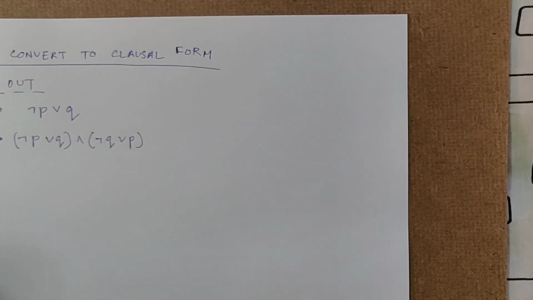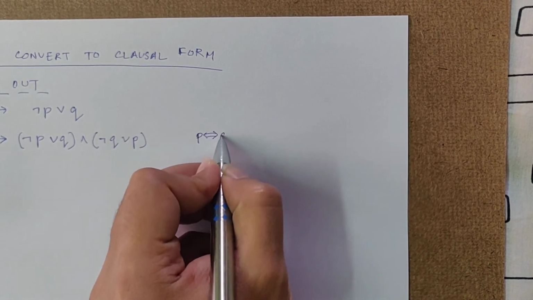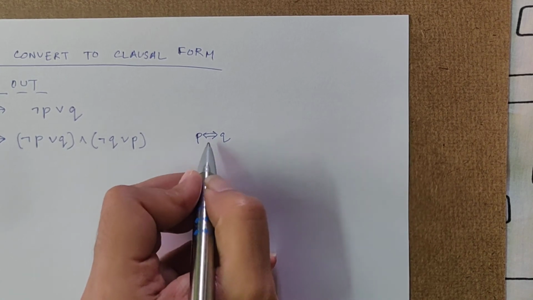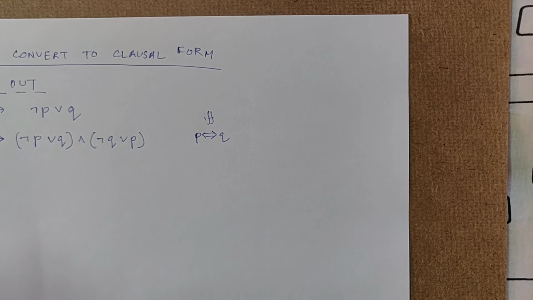Because biconditional, in many of the proofs we have used the biconditional by a word called if and only if.